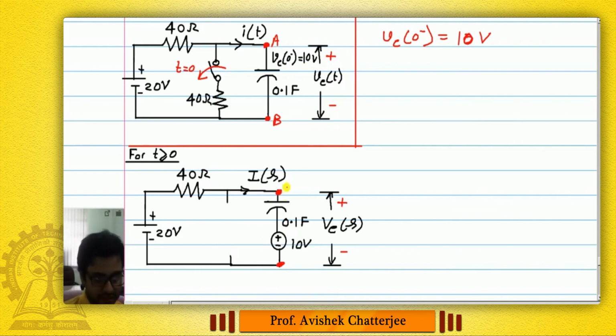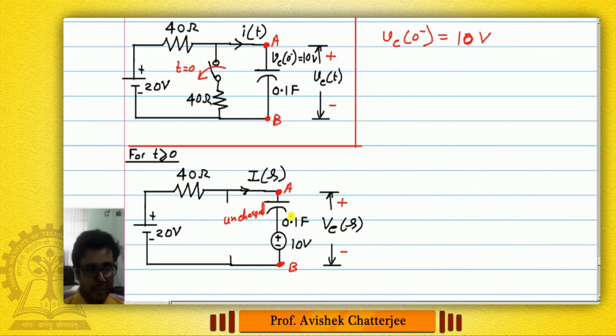And this is node A, node B. So between node A and B we originally had a charged capacitor that is replaced with an uncharged capacitor in series with a voltage source. So this is uncharged.